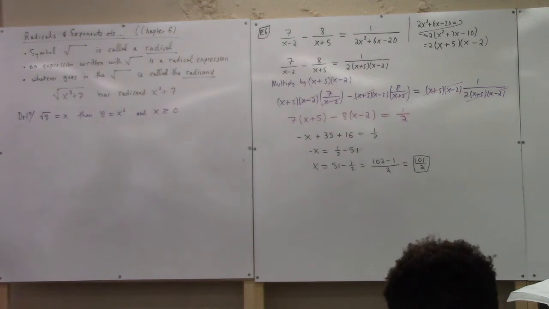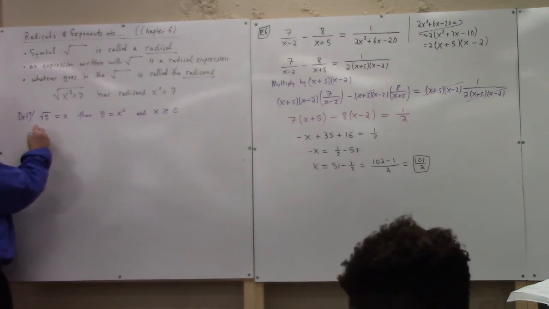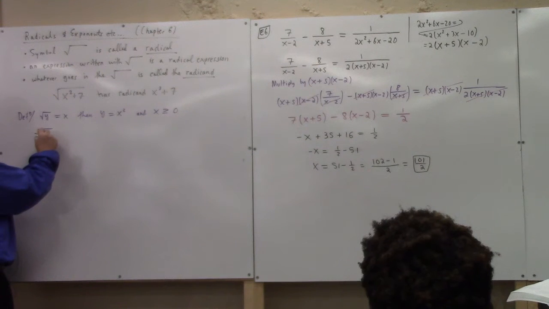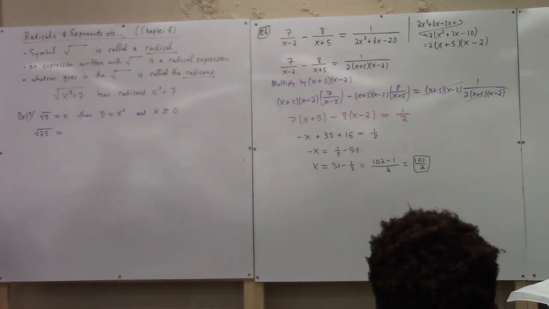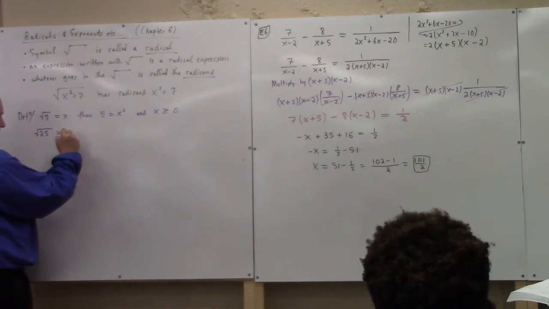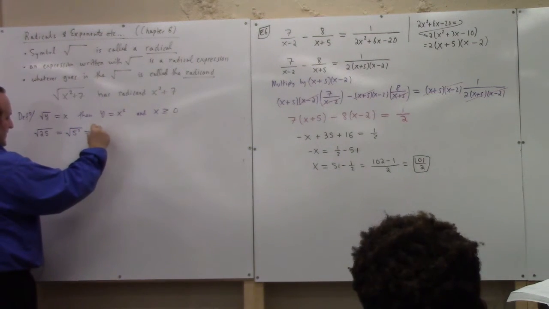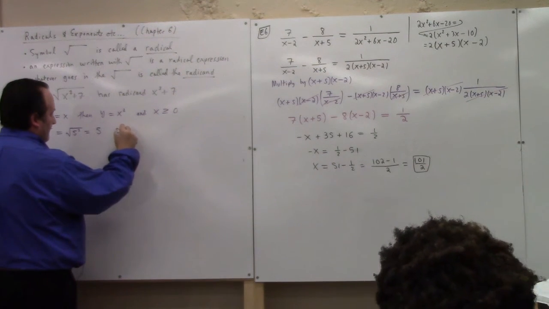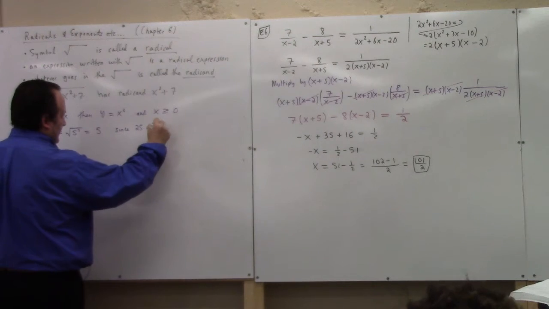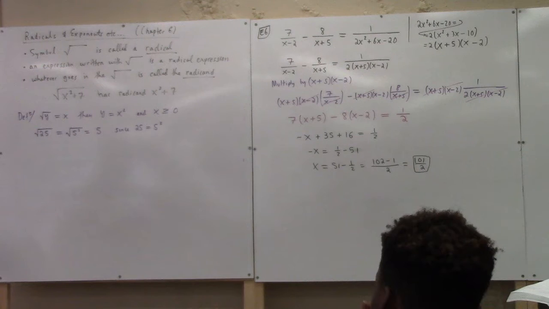For example, if I have the square root of 25, what is it equal to? Well, you guys know. It is 5, because 25 is equal to 5 squared, so that makes the square root of 25 equal to 5.